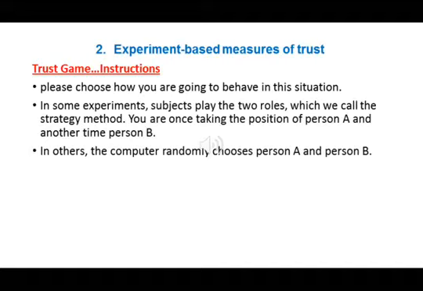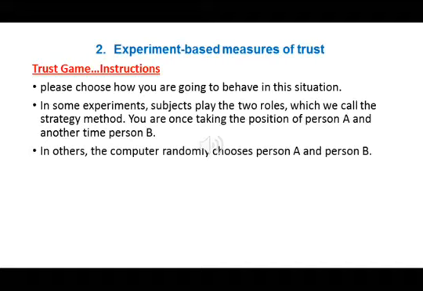And you might be chosen to be playing the role of person B, where you will only be responding to the level of trust of the other person in you, okay, which is a measure of the level of trustworthiness, whether you will be respecting this trust or you will be betraying this trust, okay.